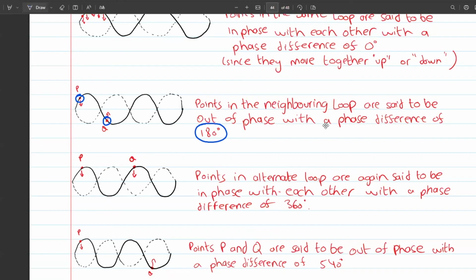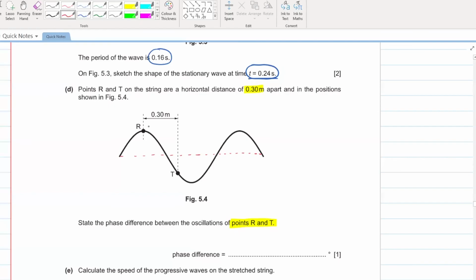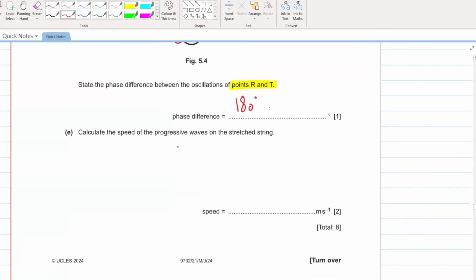Simply, if you see here, point R is in the first loop and point T is in the second loop. What will your phase difference be? 180 degrees. Simple.